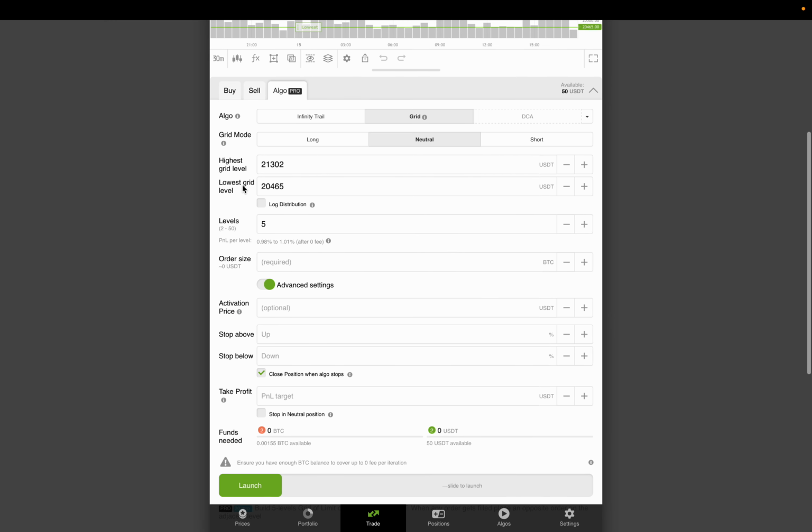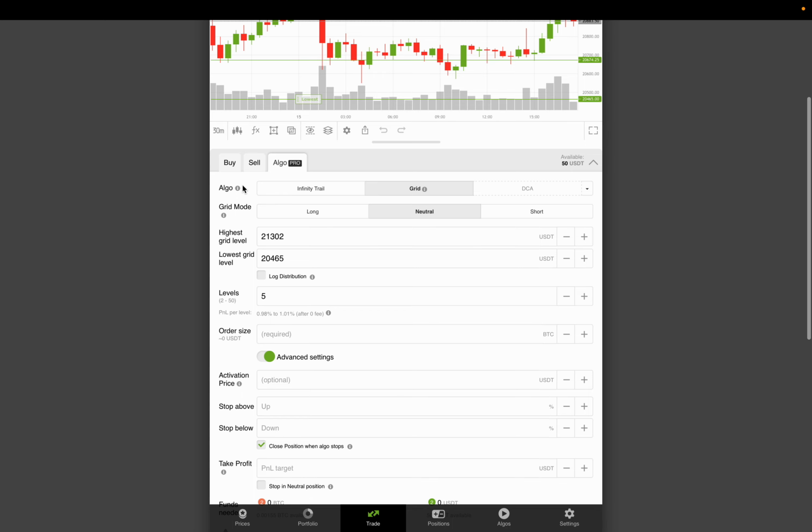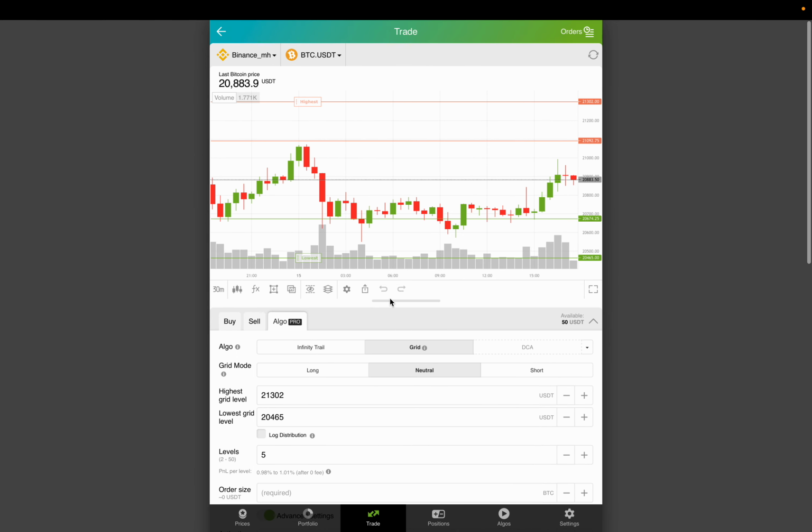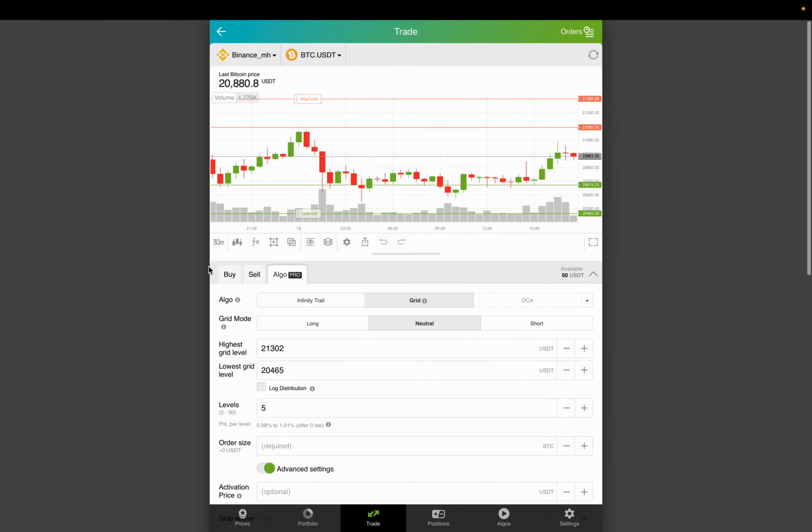Okay, now we're on BTC, but on spot BTC. Here, the principles and logic of how long, neutral, and short grids work are exactly the same, irrespective of the instrument, whether it's spot or derivatives.